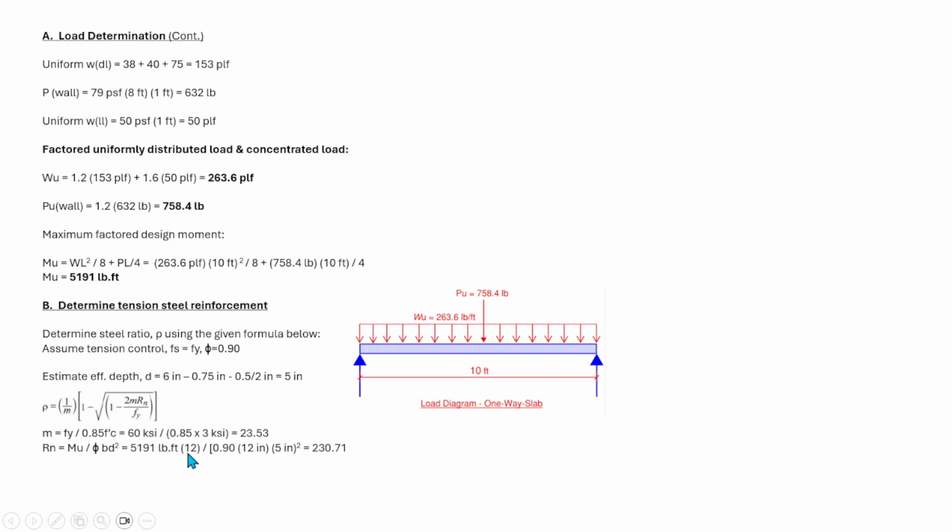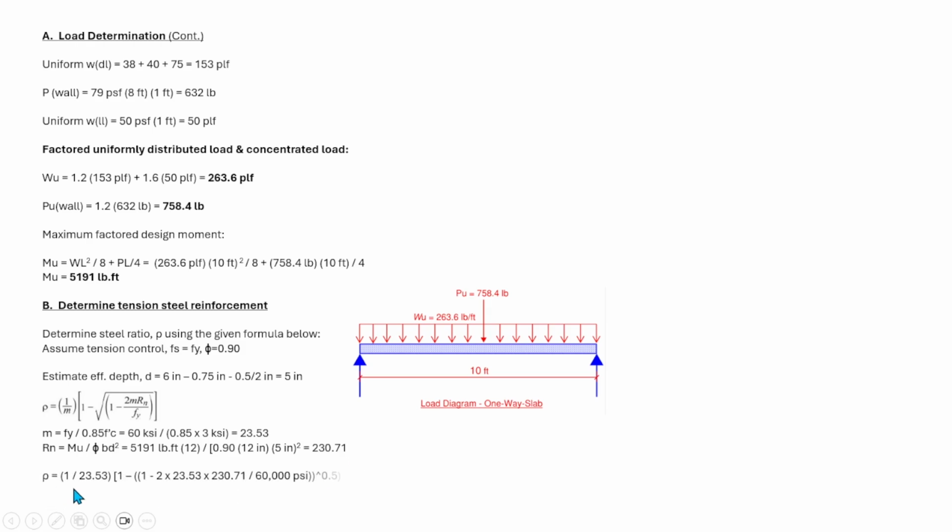times 12 over 0.9 times the unit width of 12 inches times the effective depth squared, which is equal to 230.71.